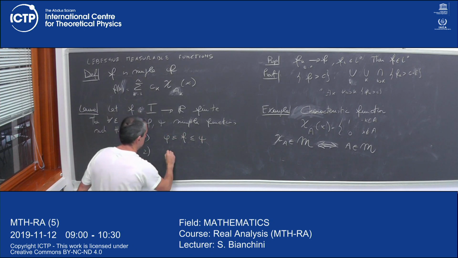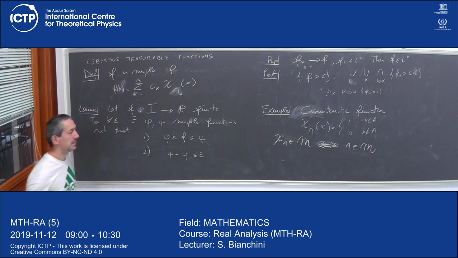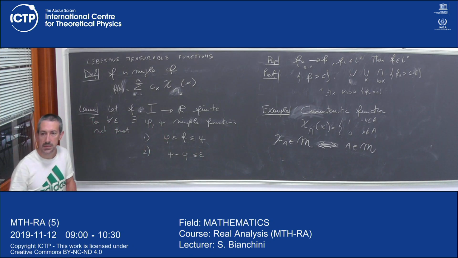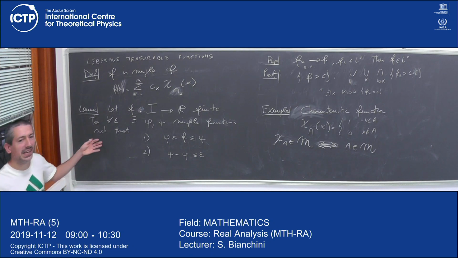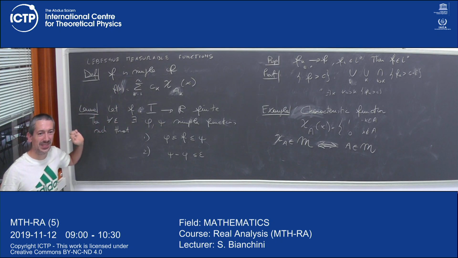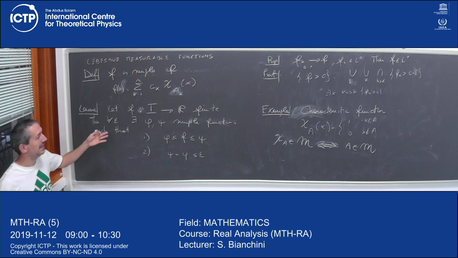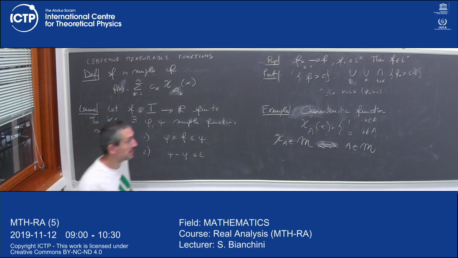The second property is that psi minus phi is less or equal than epsilon. Clearly, I'm not saying that these functions are measurable. Corollary: if f is measurable, these functions are even measurable.